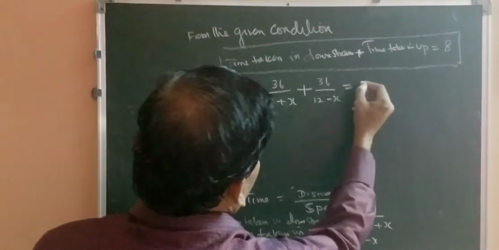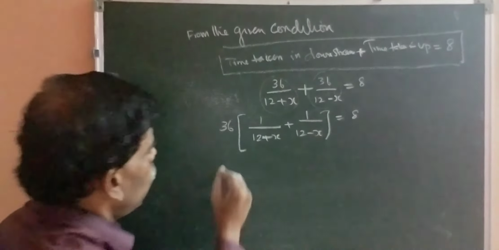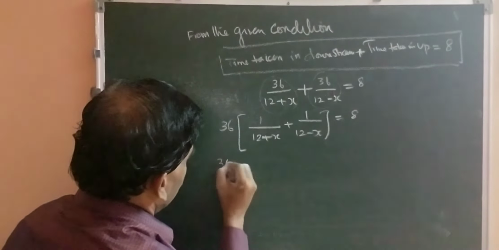36 into 1 upon 12 plus x plus 1 upon 12 minus x equals 8. Now we will take the LCM: 12 plus x into 12 minus x.